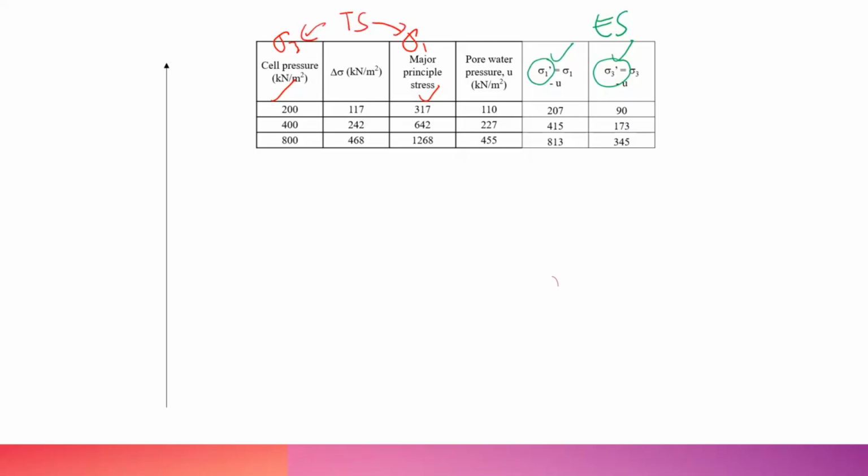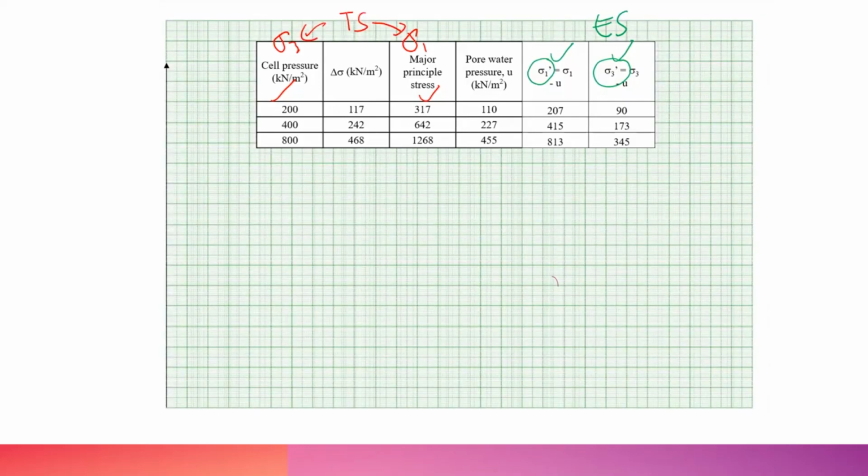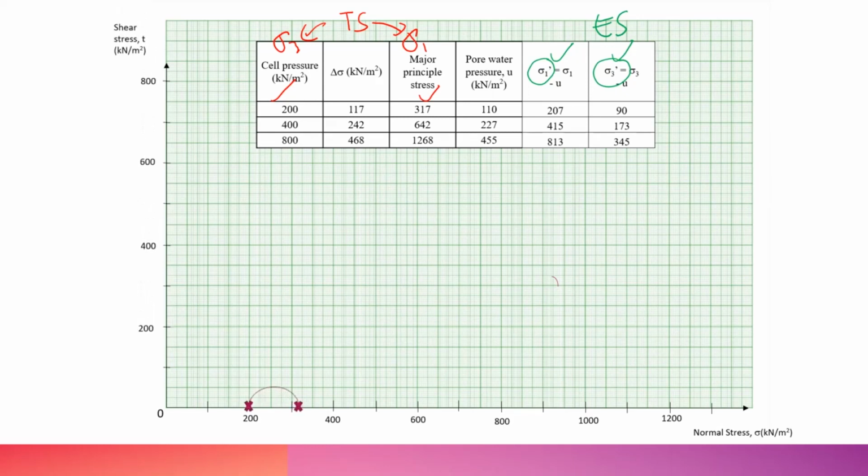Then you can plot the Mohr circles. Provide the scale first for the x-axis and also y-axis, and plot first the total stress Mohr circle. This is for specimen number 1, specimen number 2, specimen number 3.